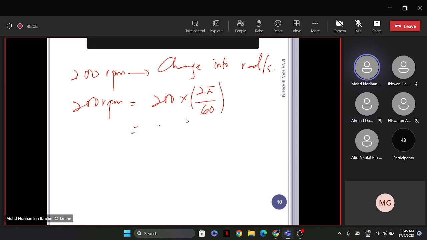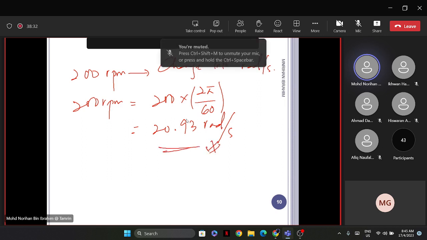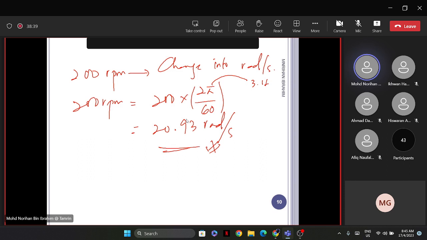Someone answers: 20 over 3 pi rad per second. Oh, okay, 20.93 radian per second. You calculate. So you must change pi to 3.14.